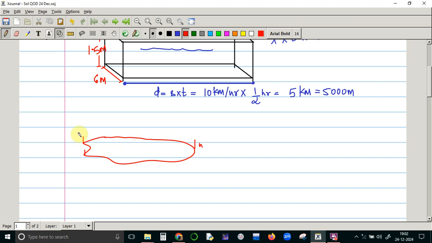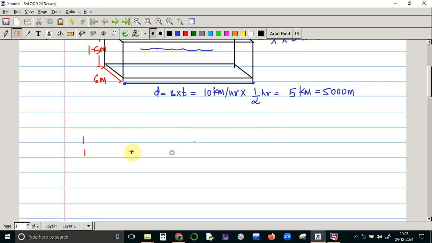So what is the area of this base? We cannot find the area of this irregular shape. Let the area be A. And you are raising this boundary till height h. So what will be the volume collected?